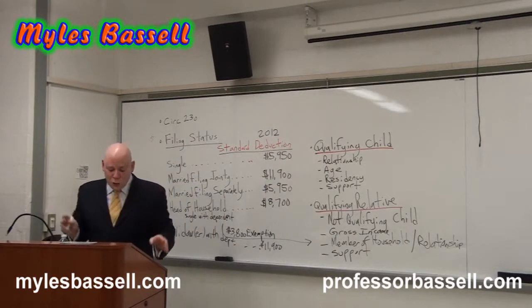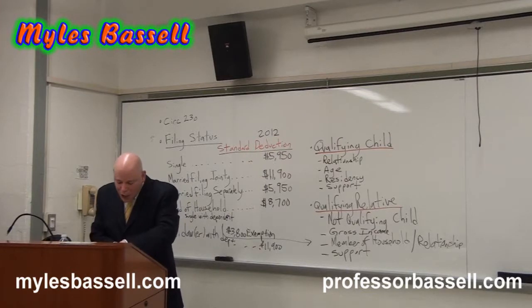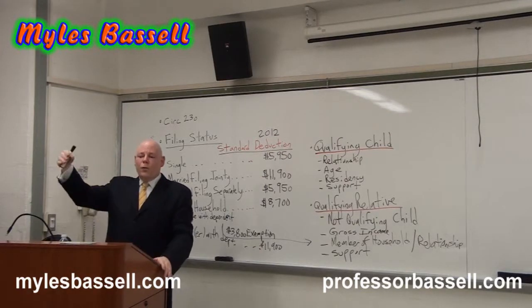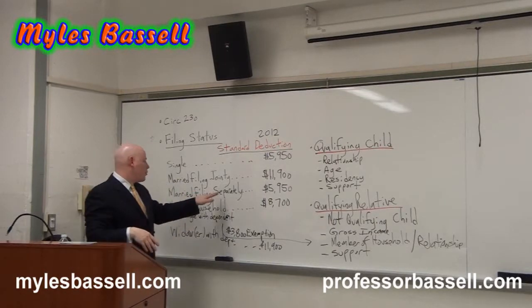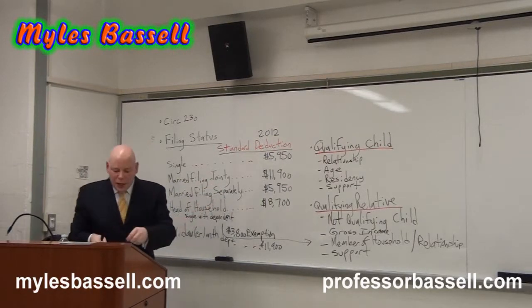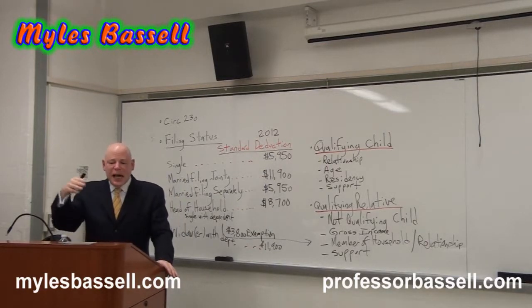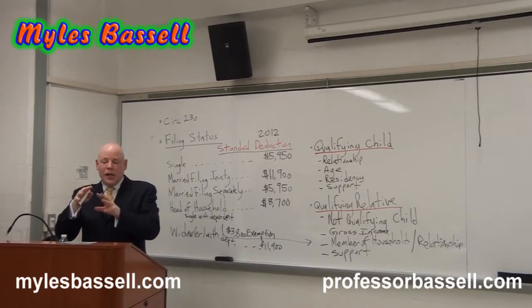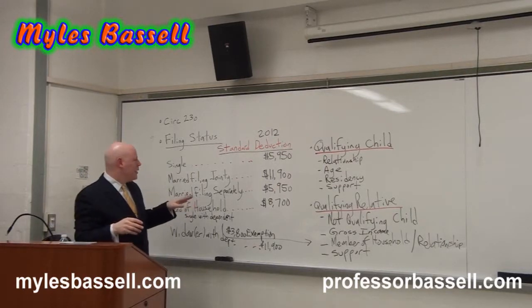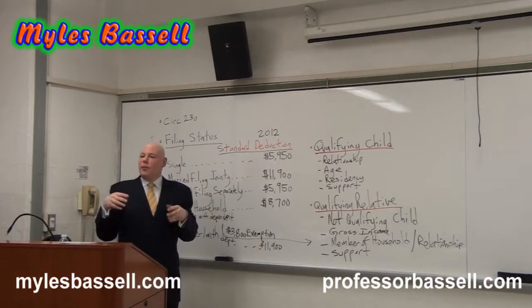Yes, that's true. However, it seems that that's not what Congress wants us to do. So in general, it's better to file jointly because the tax rate, now this is not readily obvious to us, but it says this in Publication 17, the tax rate for filing separately is going to be higher.